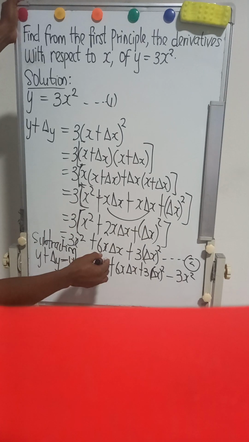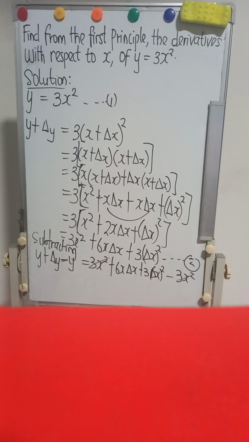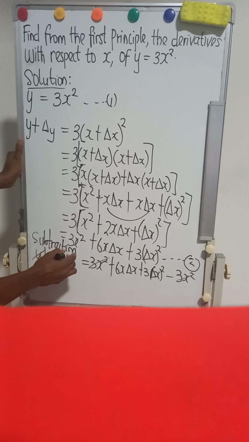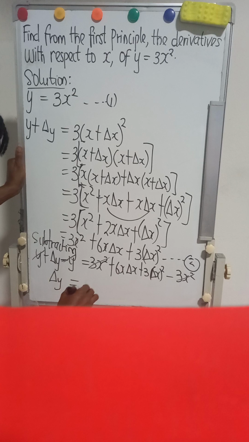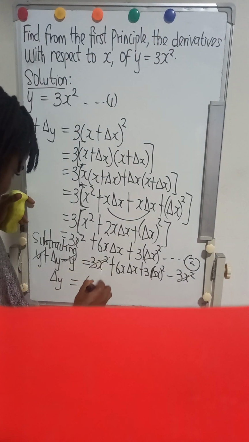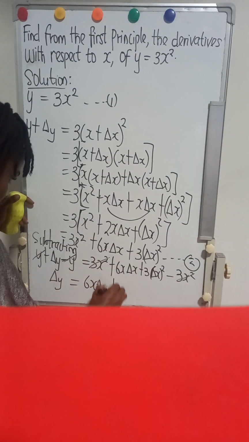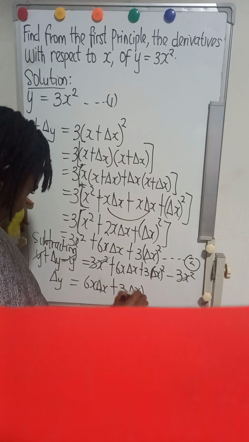Now this minus this will give us 0. 3x squared minus 3x squared goes, and y minus y goes. So we have that delta y is equal to 6x delta x plus 3 delta x squared.